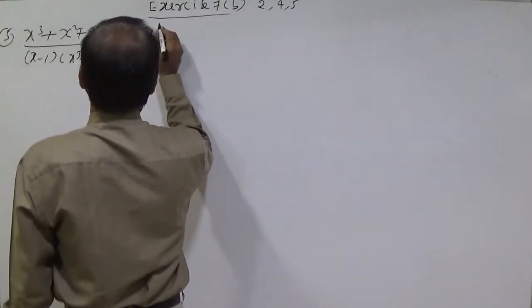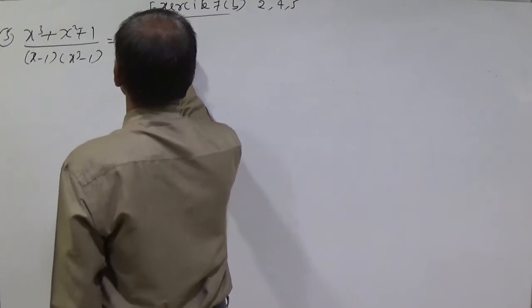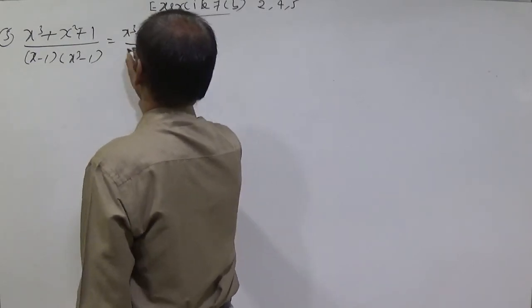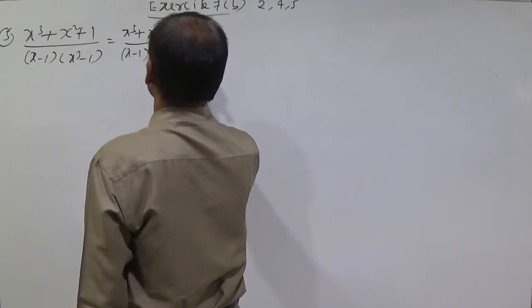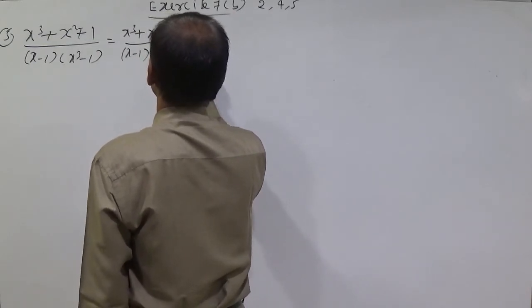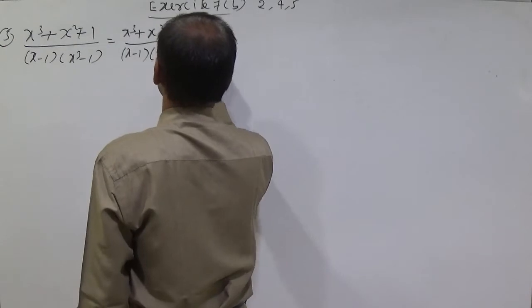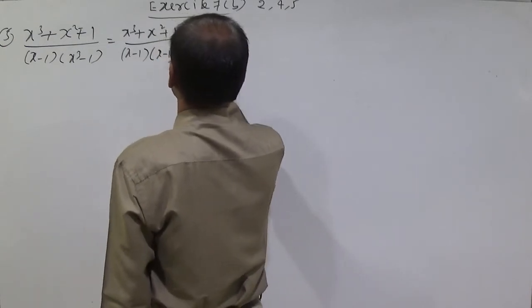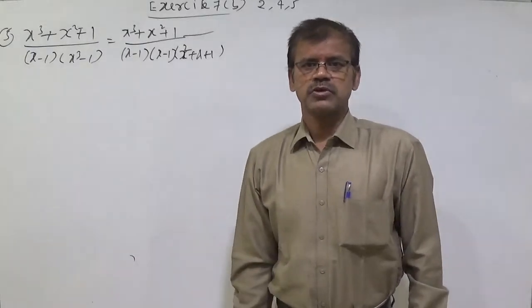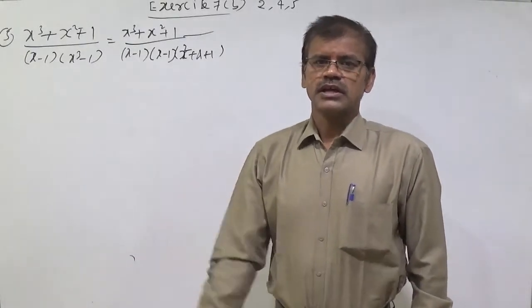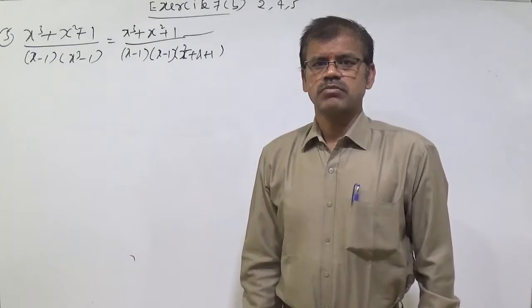You can try to understand the denominator as factors: this is x minus 1 and this is x minus 1 into x square plus x plus 1. X cube minus 1, formula a cube minus b cube can be written as a minus b into a square plus ab plus b square.